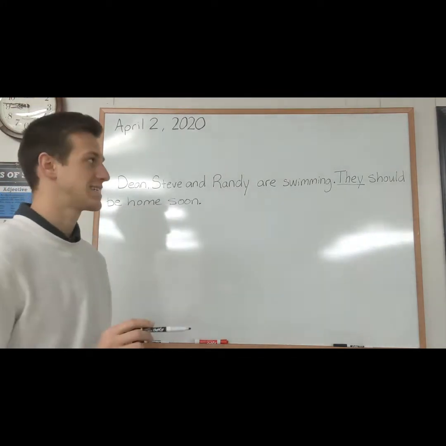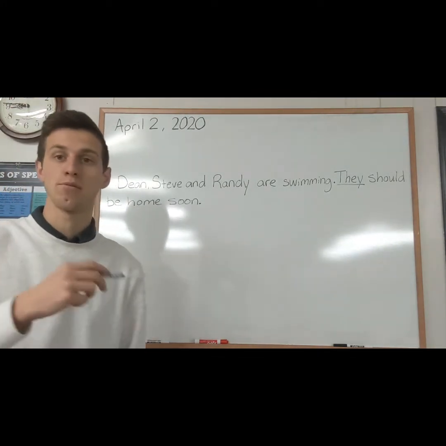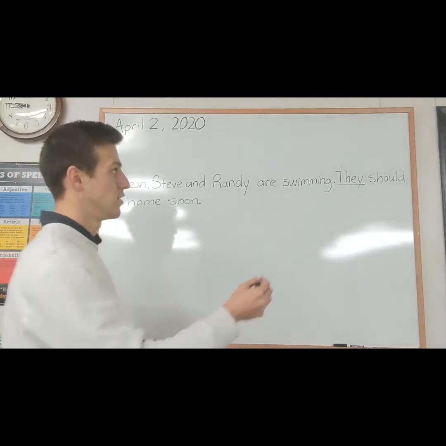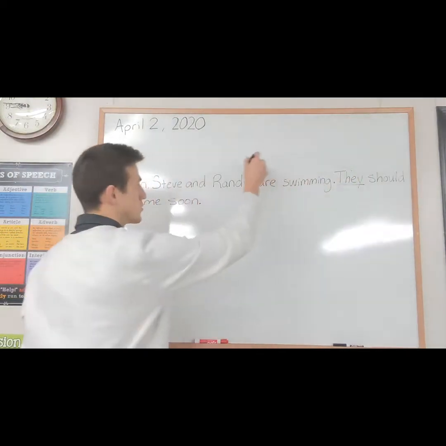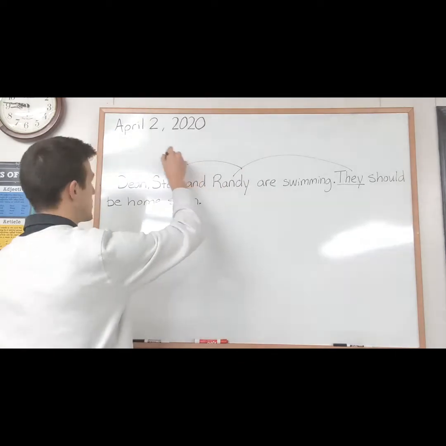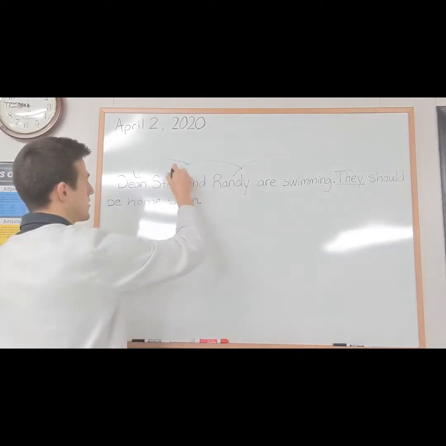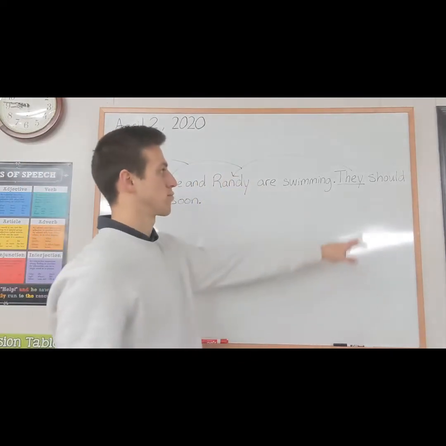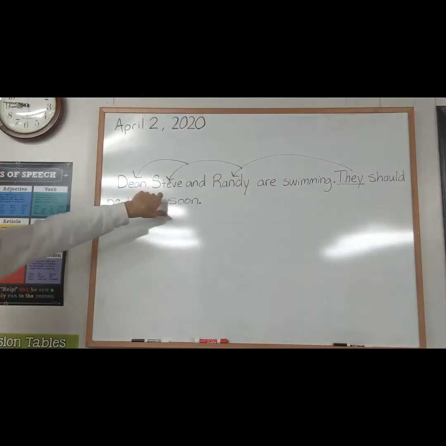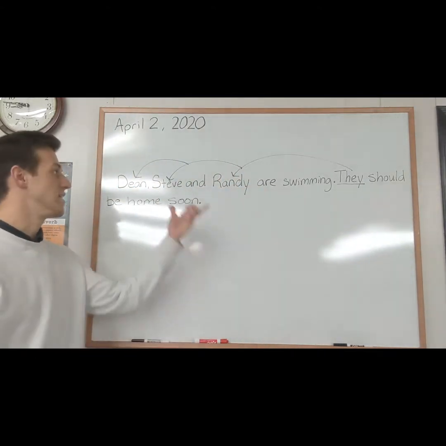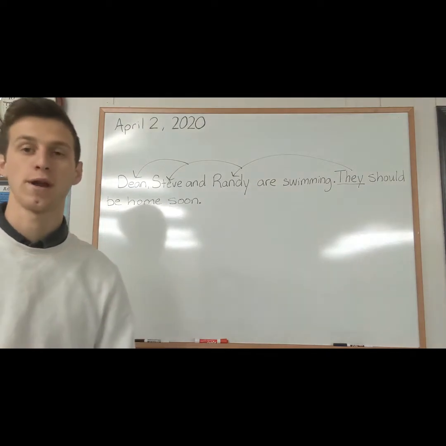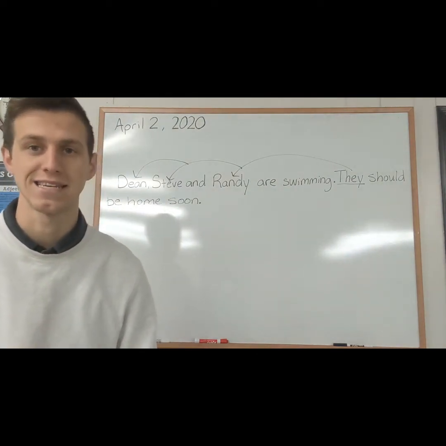Remember, our antecedent is the words that our pronoun renames, all right? So we should draw it to Randy, Steve, and Dean, right? Because this is our pronoun that is renaming this. And this, remember, our word that our pronoun renames is called our antecedent.